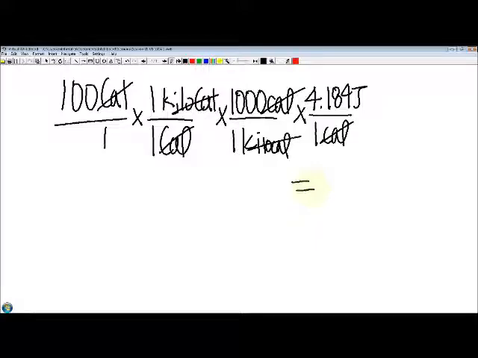So to find our answer, you're going to take 100 times 1,000 times 4.184, and you should get 418,400 joules, which is a pretty big number. So we could put that in scientific notation, or we could change that even to kilojoules. But there we go. That's our answer.